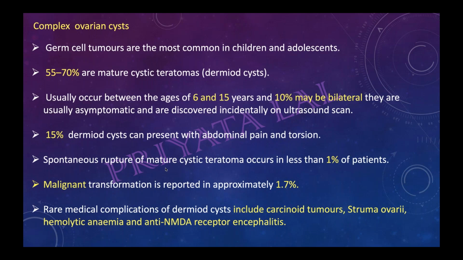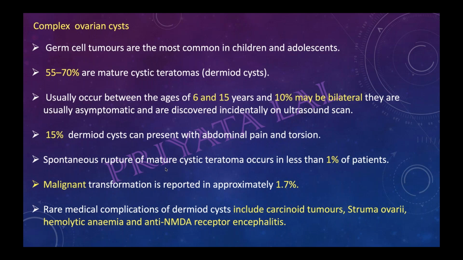Apart from this, there are some rare complications of dermoids, because we already know these are mature teratomas. They have various types of epithelial cell lines, so sometimes rare medical complications can occur. This includes a carcinoid tumor, which usually secretes a lot of serotonin and other neurotransmitters, so symptoms of flushing will come.